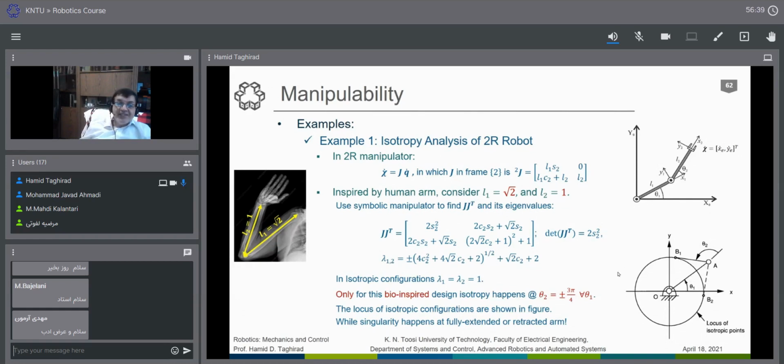And it is amazing. This configuration is within the workspace that you usually use your hand for writing, for painting, for what a human being is designed to do. And the design is optimal. Why optimal? Because it is isotropic in this particular case.